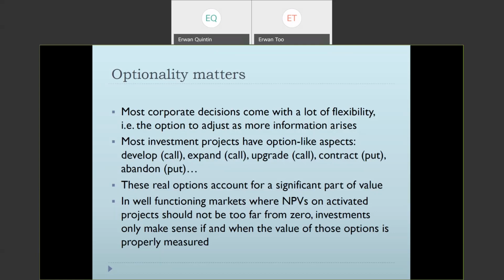The reason why we don't do this is because those options are completely different animals from traditional investment projects. And we feel as a field that we should value them independently using option pricing tools that are quite different in nature from the traditional DCF approach.